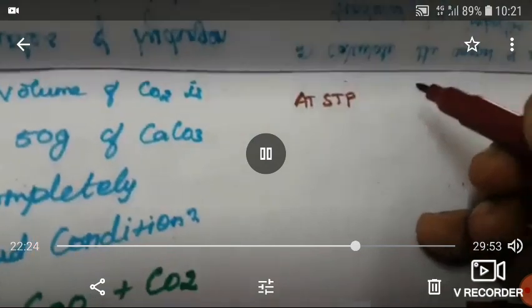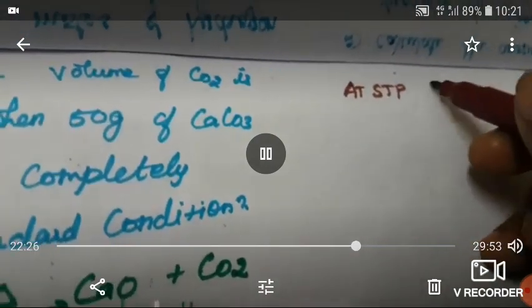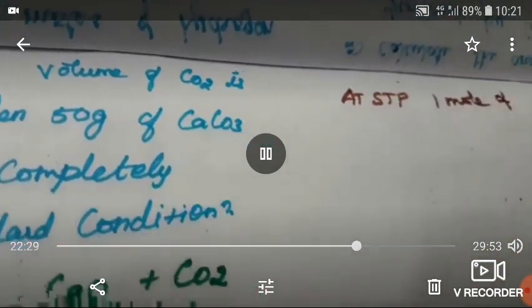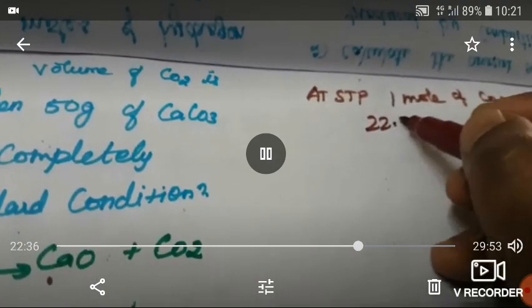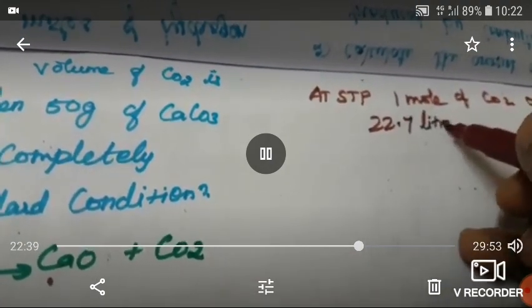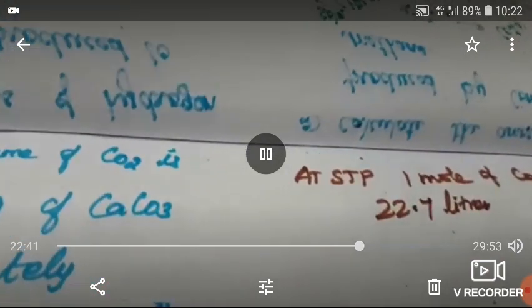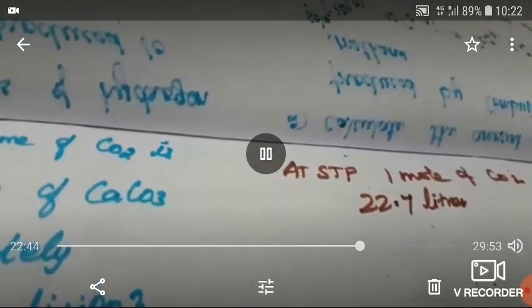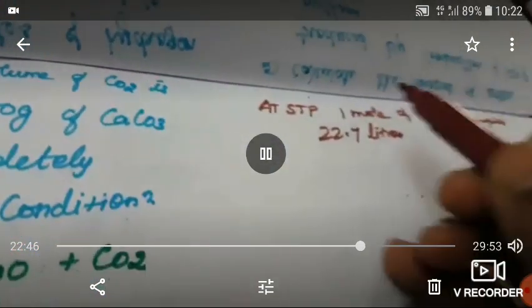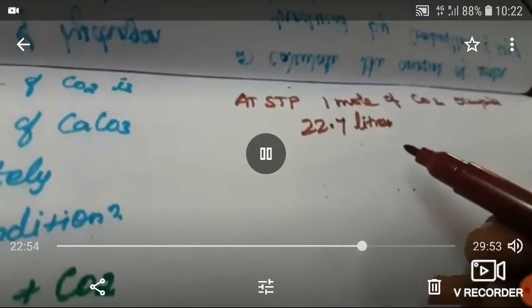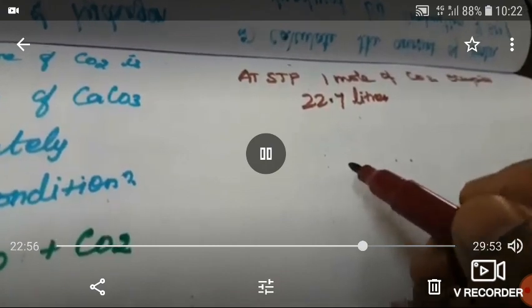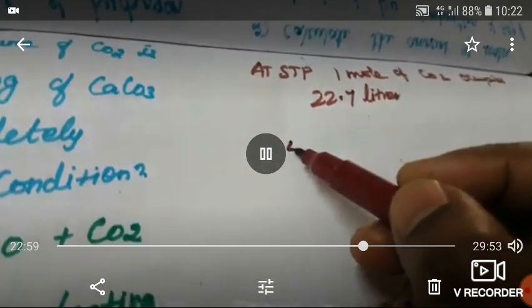At STP, standard temperature and pressure, 1 mole of carbon dioxide occupies 22.4 liter. Normal atmospheric pressure means that is 22.4 liter.